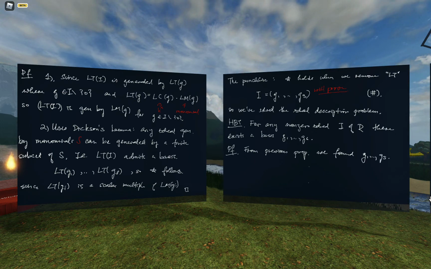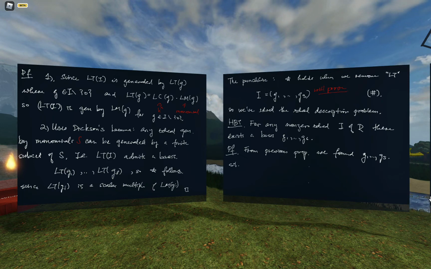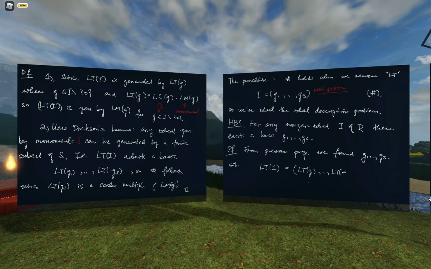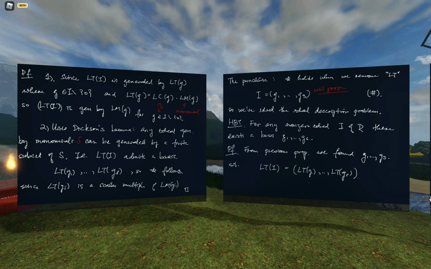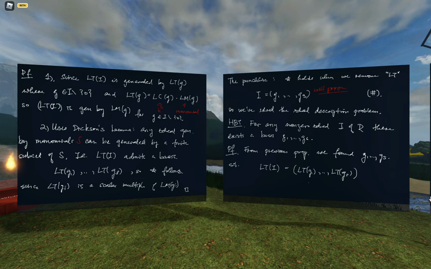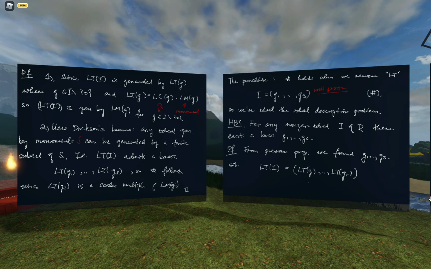We don't know whether it is a basis for I yet, so we just found some elements G1 to GS such that the ideal LT of I is equal to the ideal generated by LT of G1 through LT of GS. We're going to use this finite set we found earlier, and prove that G1 to GS in fact generate I, provided that this equation of leading term ideals is true.